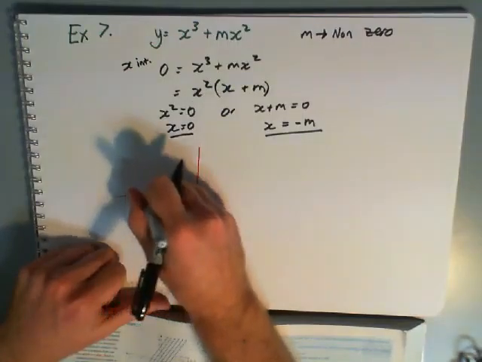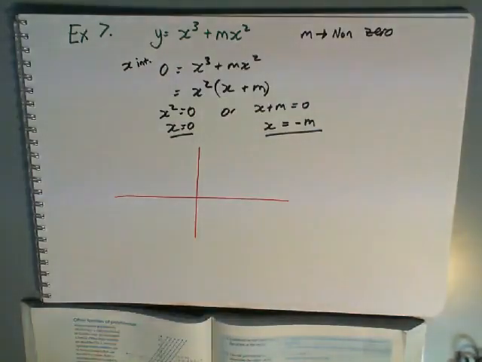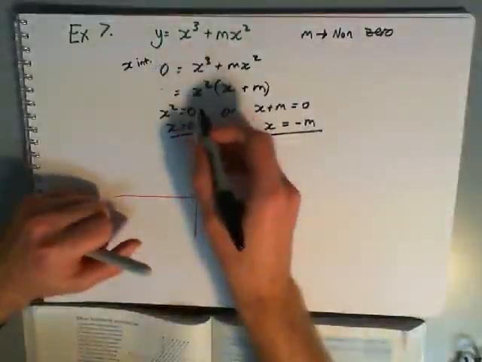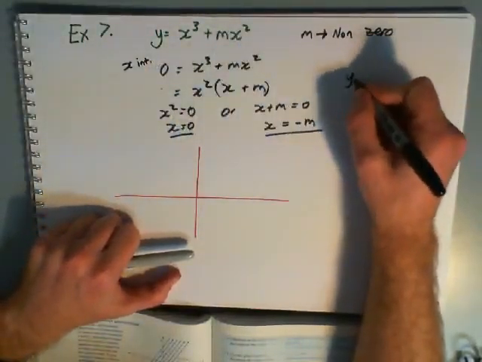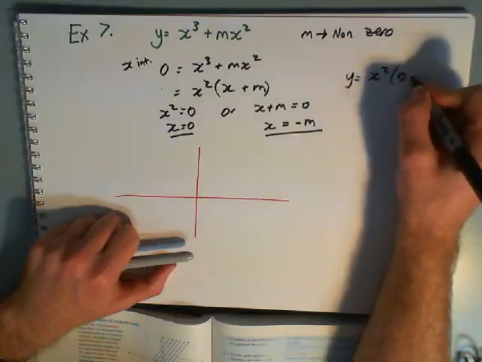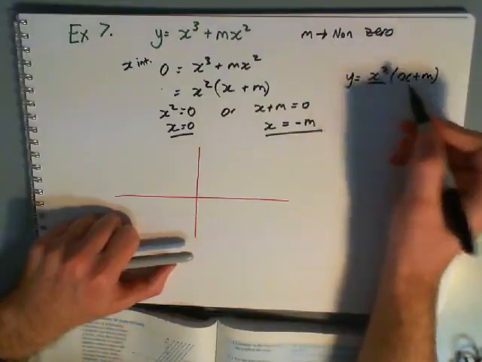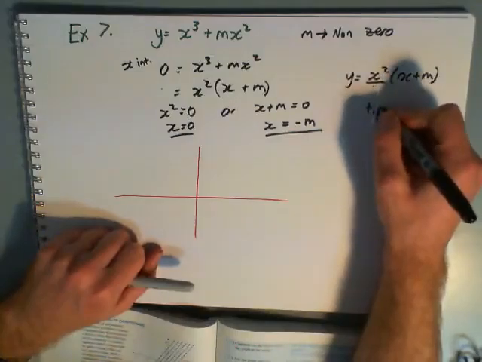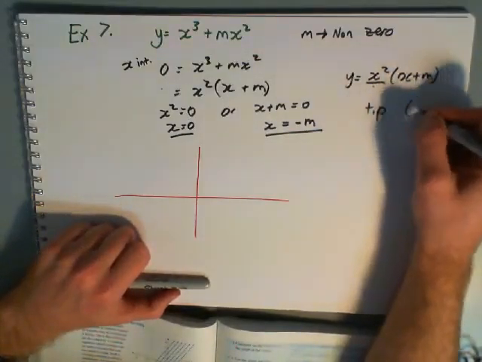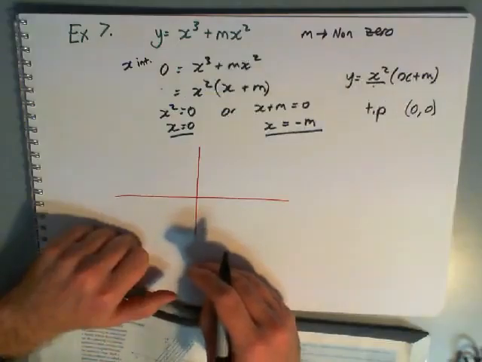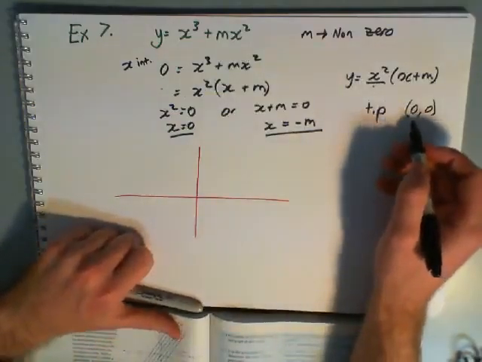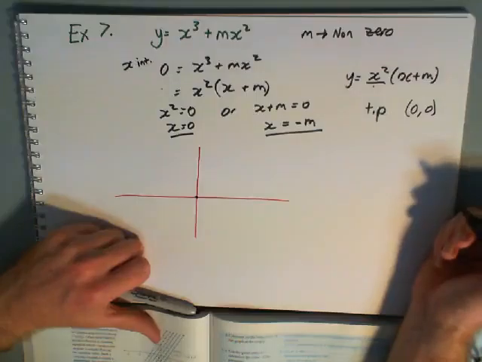So if we draw in our set of axes, when I factorized this equation, I can say y equals x squared times x plus m. Because I've got an x squared term, there's going to be a turning point, and it's at 0, 0, because I haven't moved it left or right. So that's where the turning point comes from.